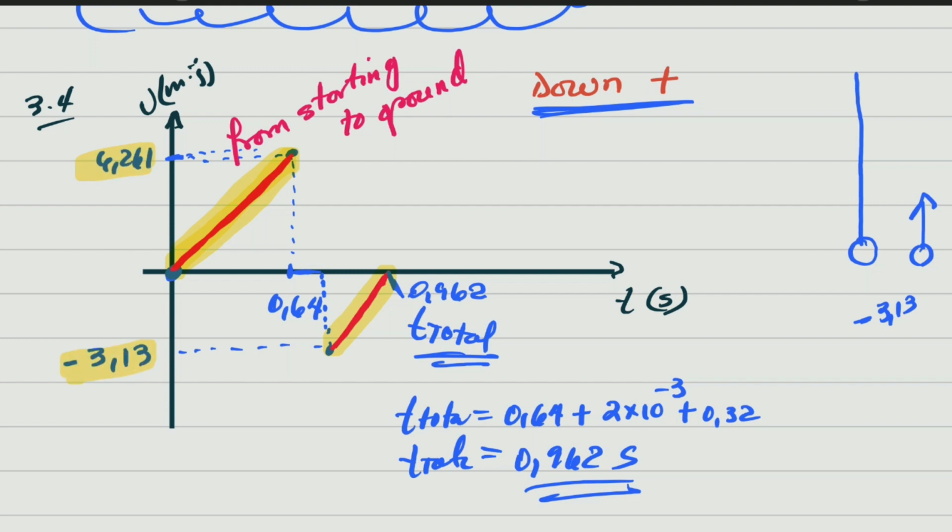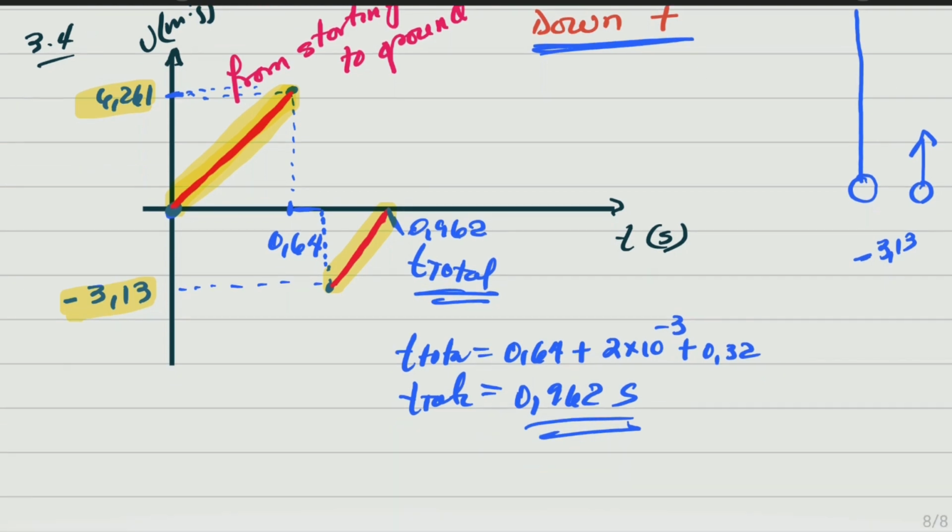So the collision between the ball and the ground is going to be inelastic. Why? You can see the same object, the same mass, but the velocity is changing. So the initial velocity and the final velocity are not the same, and therefore the kinetic energy is not the same.